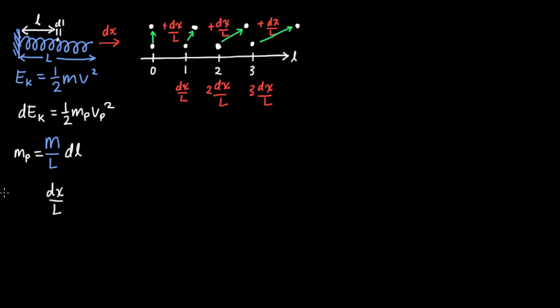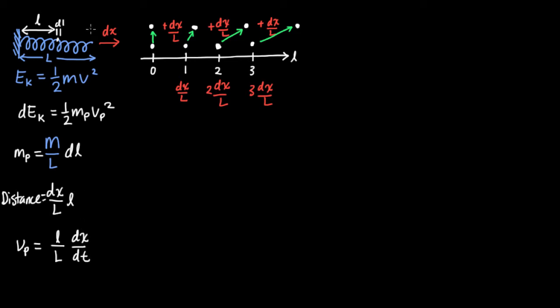So the distance traveled by a point is dx over L times l. And since these distances were covered in a short time dt, the speed of a point, Vp, equals the distance of the point from the fixed end, l, over the length of the spring, L, times dx over dt.